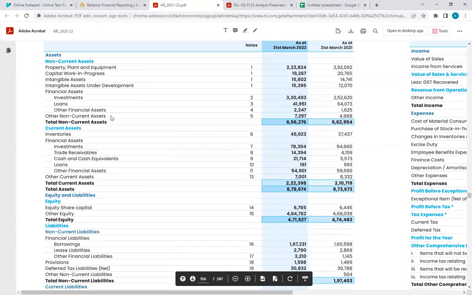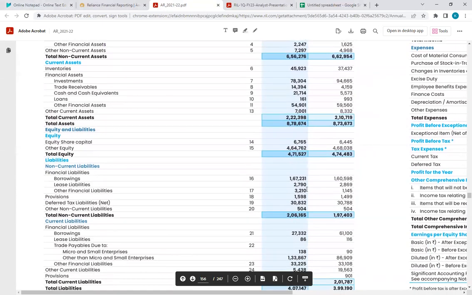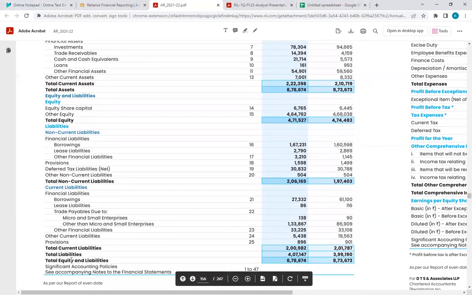So if I come to this assets section, total assets here, you can see for 31st March 2022, the value is 8,78,674. And if I come down, total equity and liabilities is the same, 8,78,674. So if both values match, they are balancing.